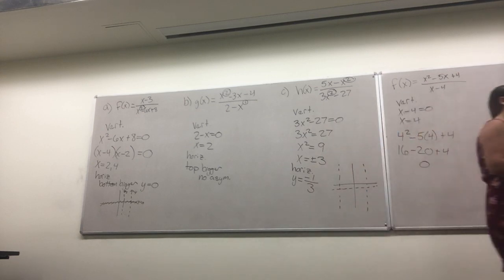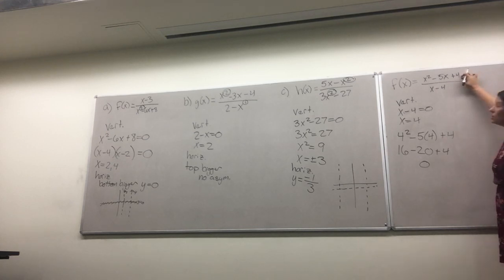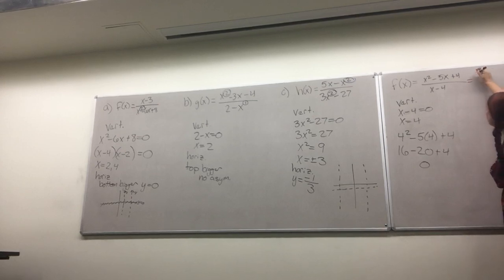That means it's not an asymptote, because what this really looks like, the top factors, right? So that would factor into x minus 4 and x minus 1 over x minus 4. Well, those x minus 4s cancel.